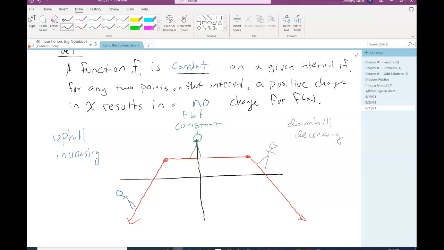If you compare their y-coordinates in the same order, the y-coordinate of the point on the right is going to be bigger than the y-coordinate of the point on the left, which is exactly what walking uphill is like, right? Everybody's okay with that?